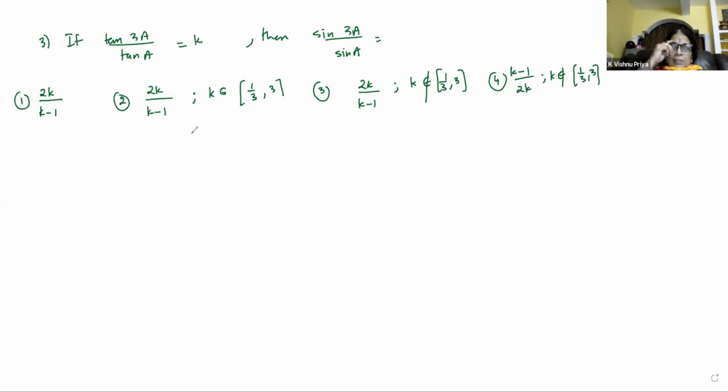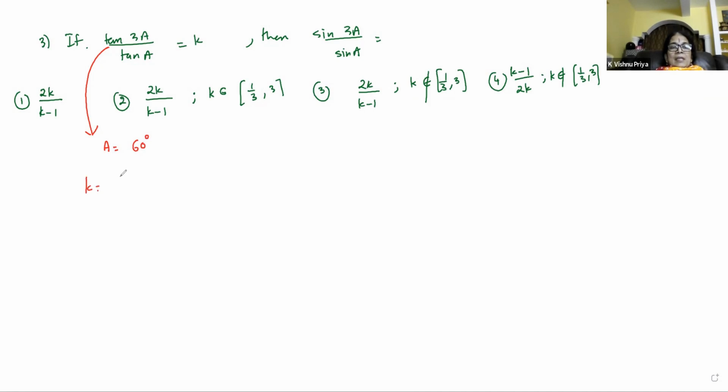So now what I will do is, in the given information, I have to put some value for A. Let me take A as a convenient value, like 60 degrees. Why am I taking A as 60 degrees?